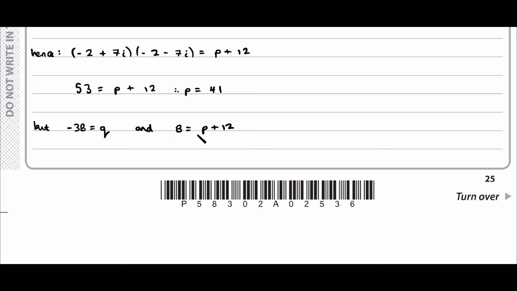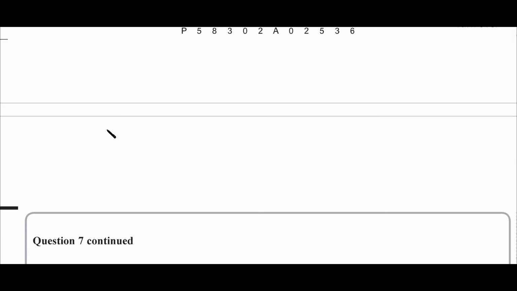So if we substitute in P into here, we can find out the value of B and then we can find out the value of Q. So we have minus 3 lots of P plus 12 equals Q. So we have minus 3 lots of 41, that's P, plus 12. This is equal to Q. Q is equal to minus 159.